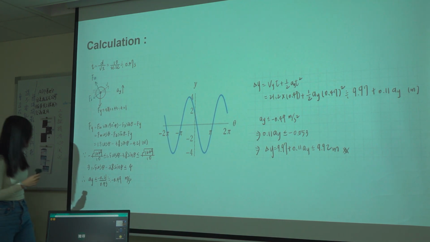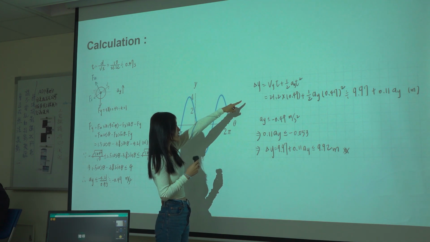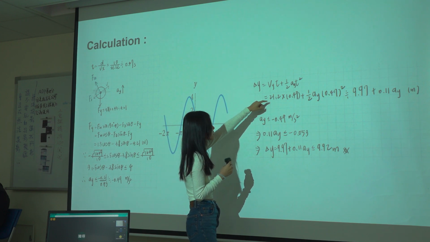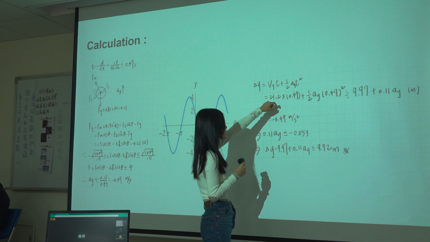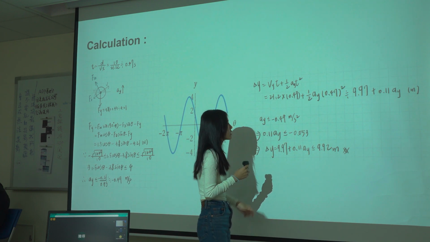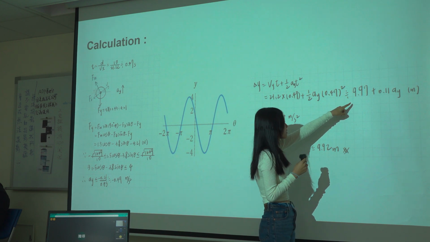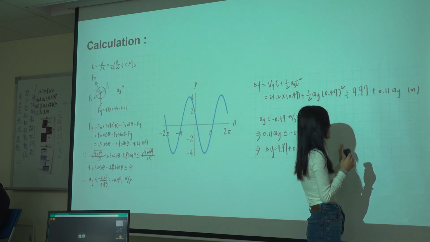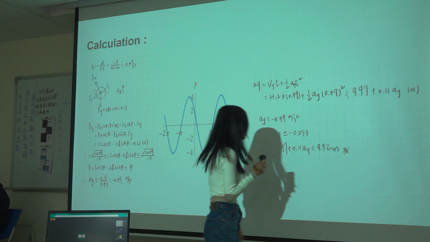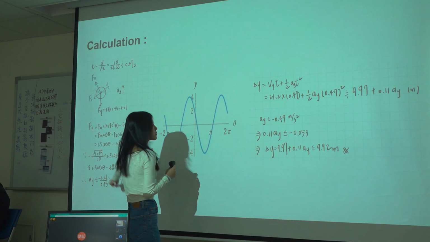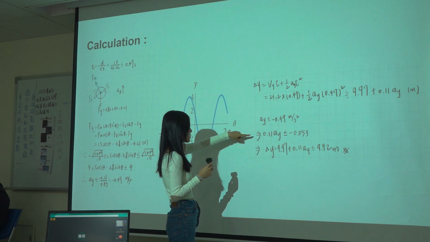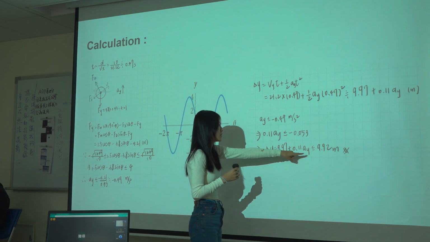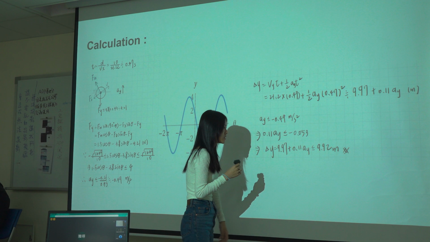Delta y will be vy times t plus 1/2 times ay times t squared, which eventually becomes 9.97 plus 0.11 ay. We put this in, so the delta y will be smaller than 9.92 meters.